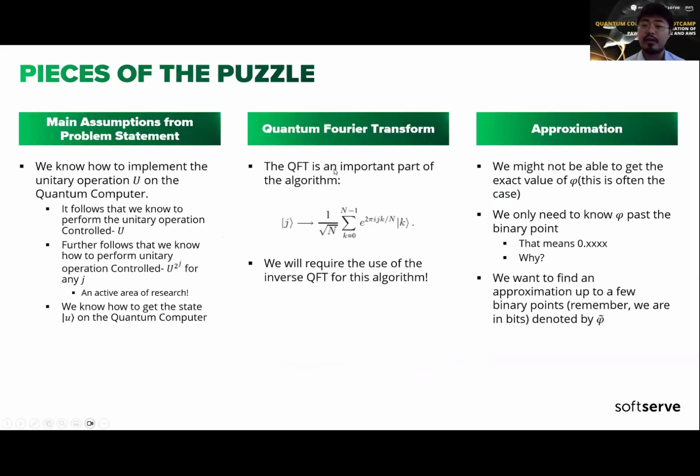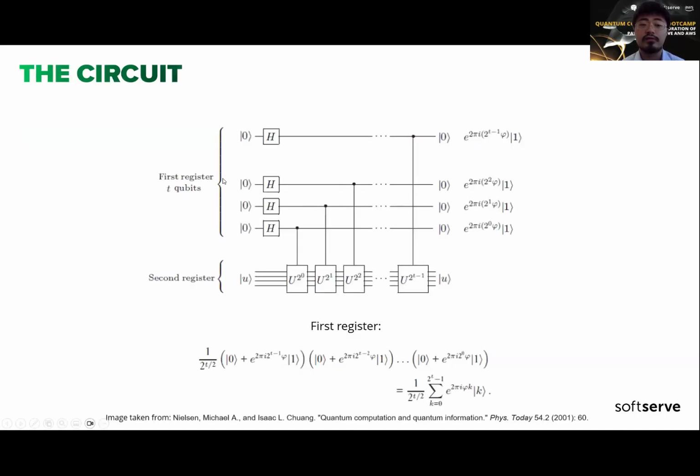If you remember, I said that there's going to be approximation over here. So the number of binary points that you can get after the zero is defined by how many qubits your first register has. Your second register would just be you implementing the quantum state u-ket, which we assume that we know how to do because we are given that within the problem statement.